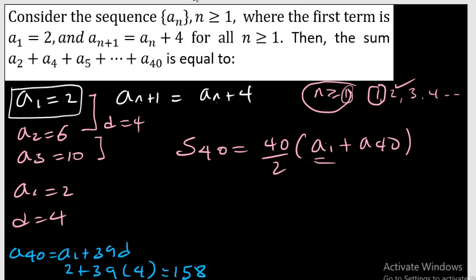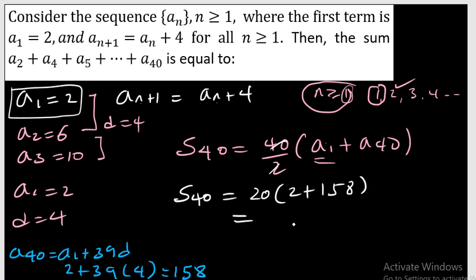So now let us continue. Sum of the 40 terms is equal to, you can simplify this, it's going to be 20, then in bracket 2 plus 158. So this will be 3200. But this is sum of 40. Sum of 40 means it's the same as a1 plus a2 plus, it goes until a40.